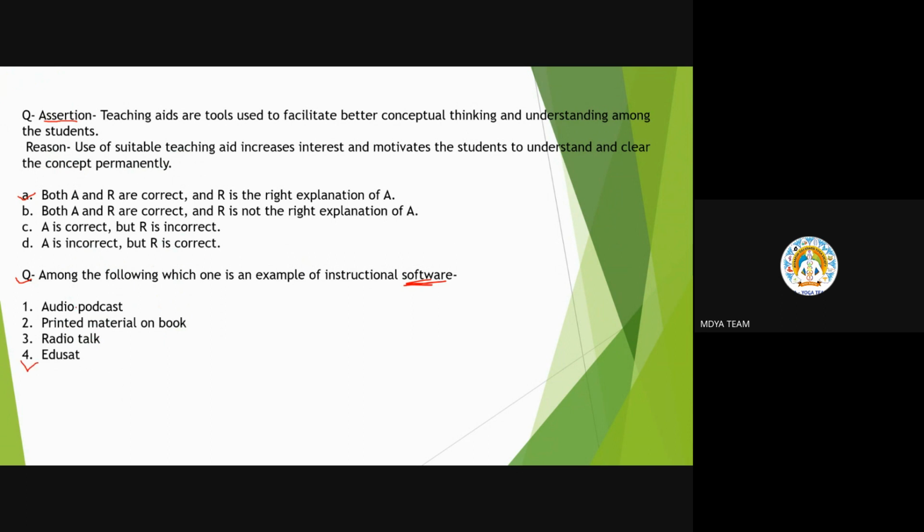In this type of question, whether you know the answer or not, you just eliminate the options and get your answer. Audio podcast cannot be software. Printed material is not software. Radio talk is not software. We are left with EduSat. So the answer is the fourth, EduSat.